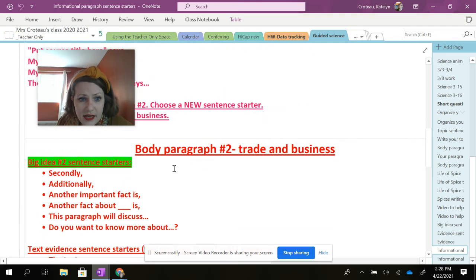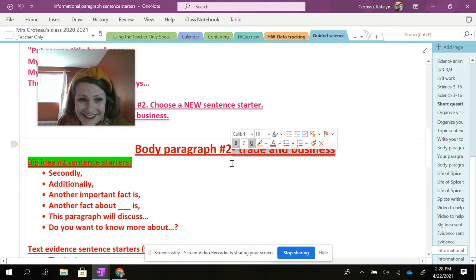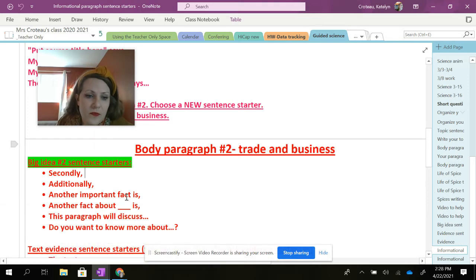It's very, very similar. So a question is one way. Another way is, here's some other sentence starters. You could just say, the second thing we're going to talk about today is blah, blah, blah. I'm not going to say what that is because you have to know the topic of that section. Big hint, it's right here. Right? You could say another important fact this essay will talk about is, this paragraph will discuss.